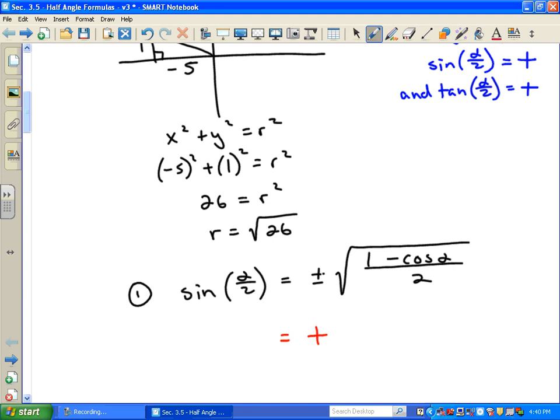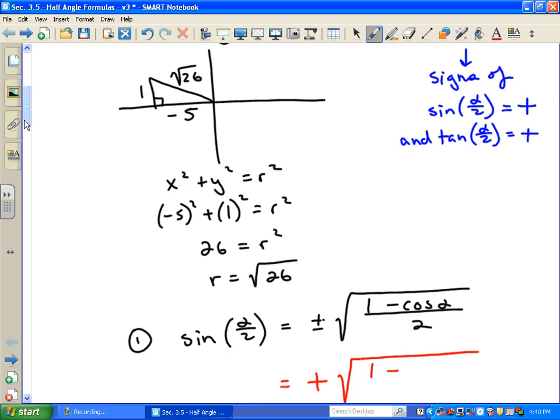The half angle is in quadrant 1, so that will make the sine of alpha over 2 positive. Now we need 1 minus cosine. We need to look at the triangle we have up here and figure out the value of cosine. This angle here is my single angle. Cosine of the single angle is x over r, so that would be negative 5 over square root of 26, and then all of this under the root divided by 2.